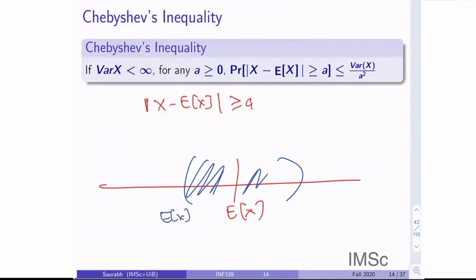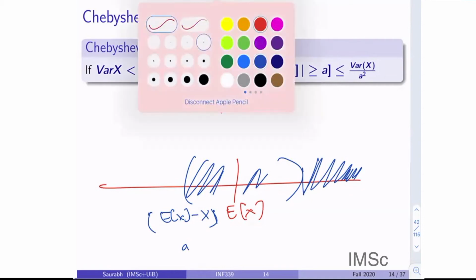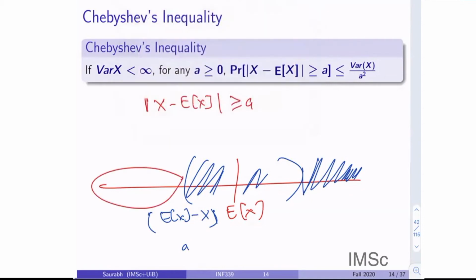E[x] minus x, if I subtract, is greater than or equal to what? a. So basically what we are interested in is this place and this place.